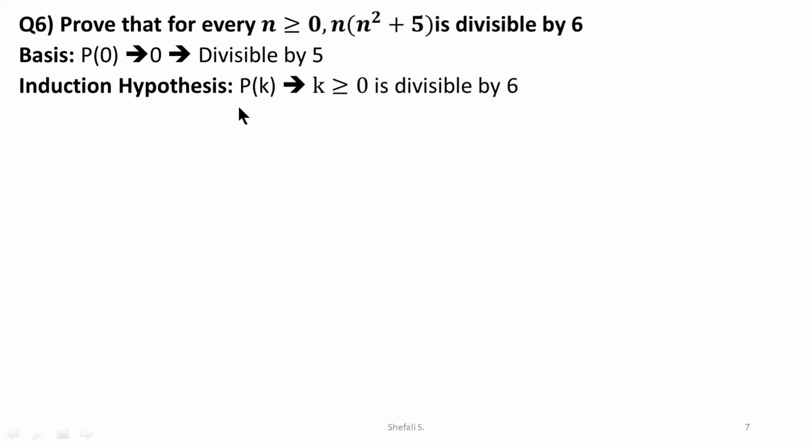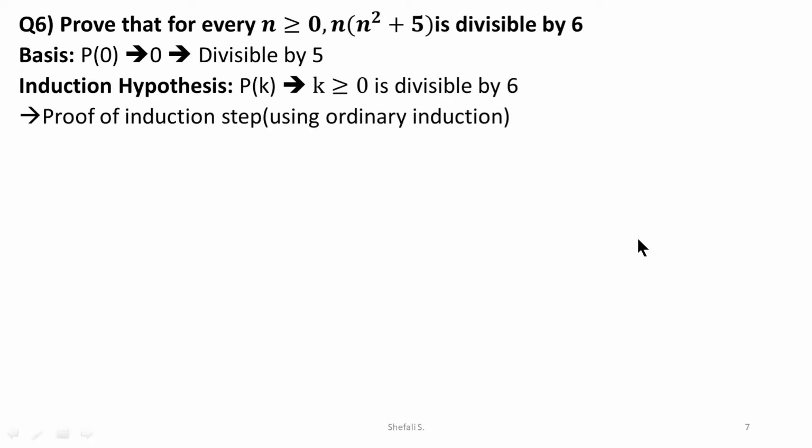For the predicate involving integer k, we'll assume that it is divisible by 6. We are not interested in what the division is, so we can assume that whatever the division is, it is some integer value. But for this example, it is not required.